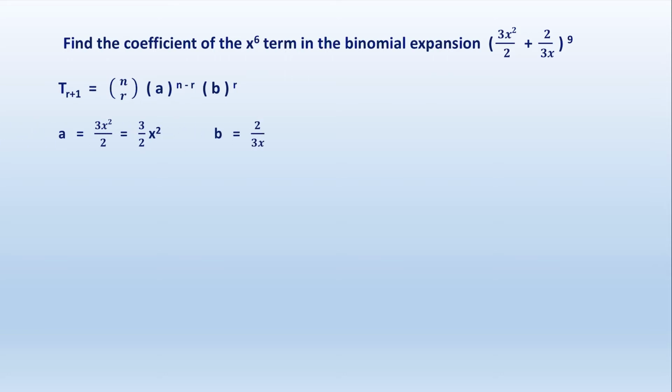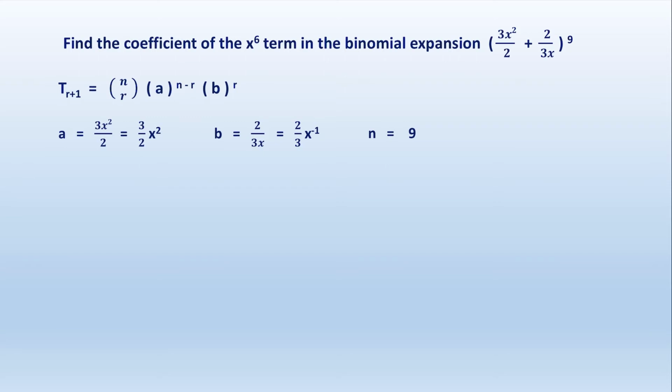The second term, b, equals 2 upon 3x, and again for simplicity of our manipulation later, we always write it as 2/3 times x to the power of -1. And in this question, n is 9.